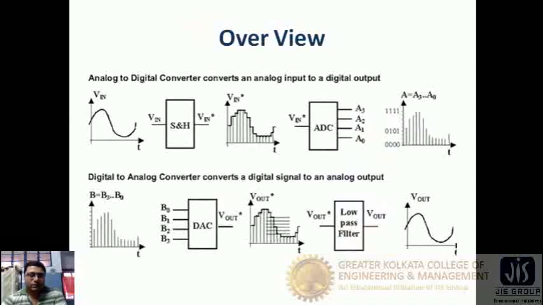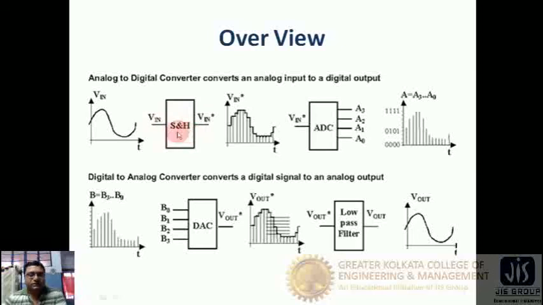So in the overview we'll recapitulate the whole process, how the analog signal is transmitted. Say for a voice telephony system, it is the analog signal produced by the microphone, and this signal is first sampled. It is the sample and hold circuit.